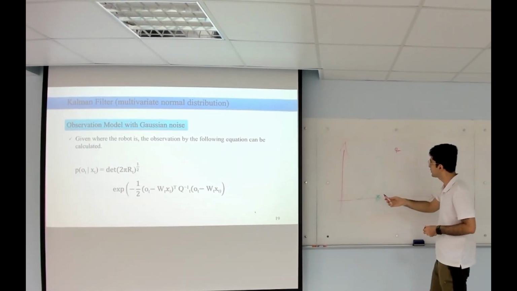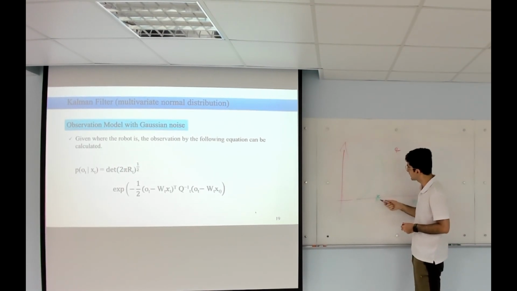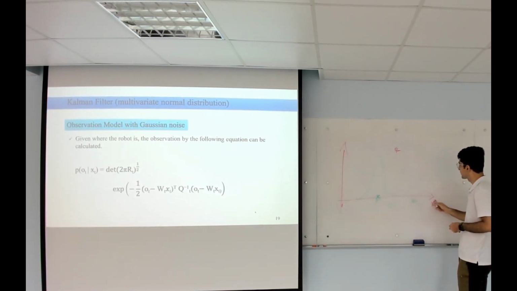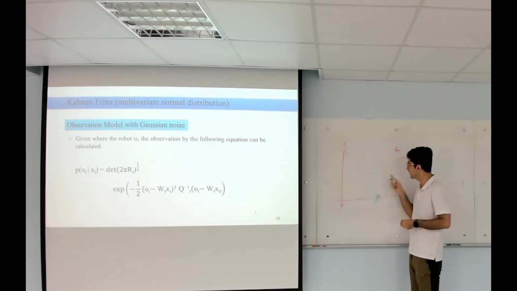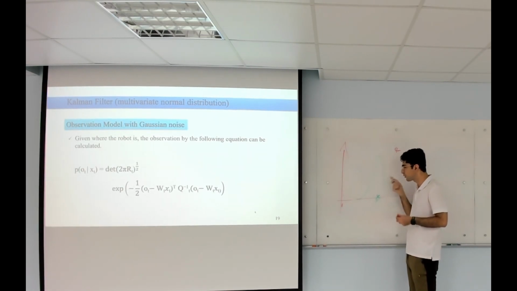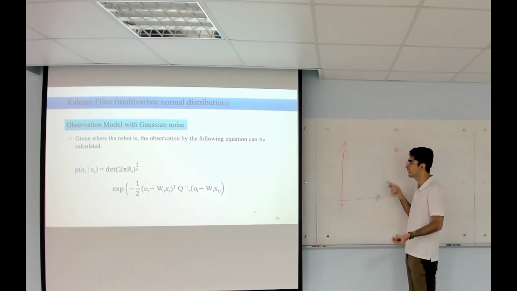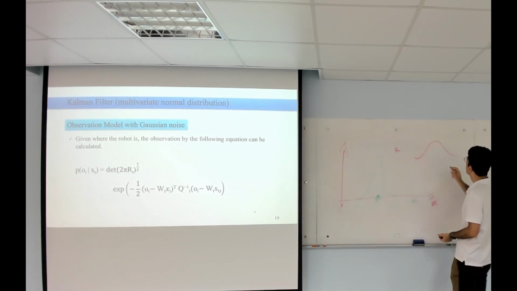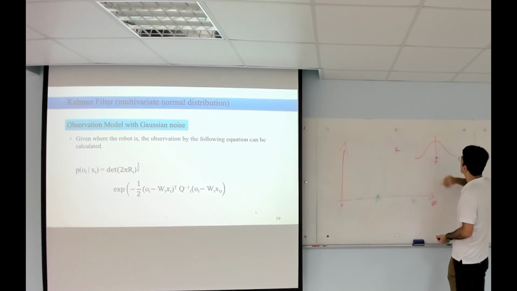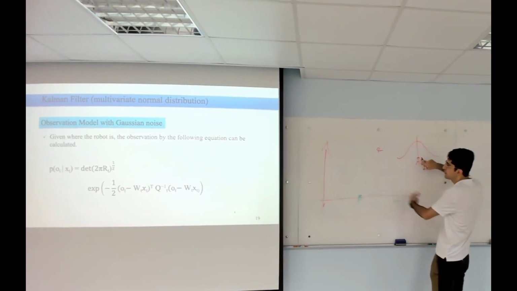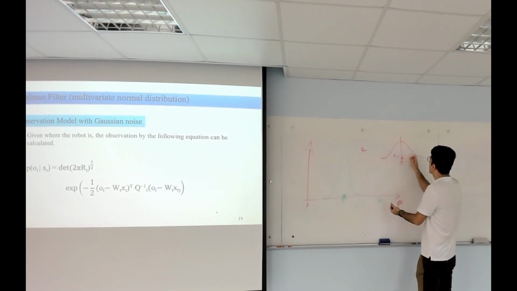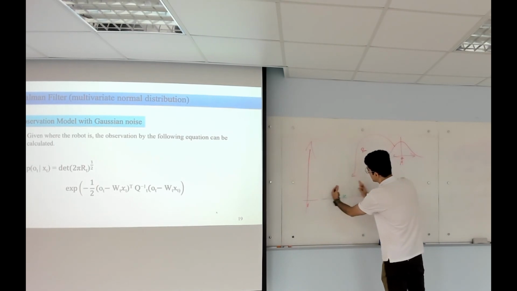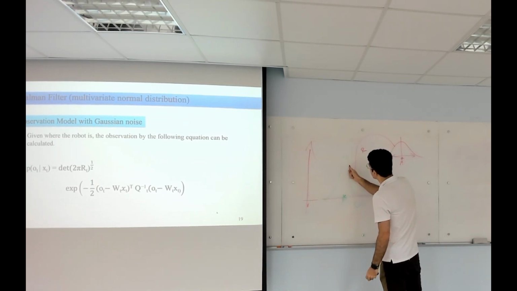The mean indicates some x values, for example from 0 to 100. But I want to add some error over here, so I don't need the mean, basically. This is my error. The mean is not important because I don't care where it is, but the covariance is important for me. I plug it in, and this will change the shape, just make it wider, if you plug it into this term over there.